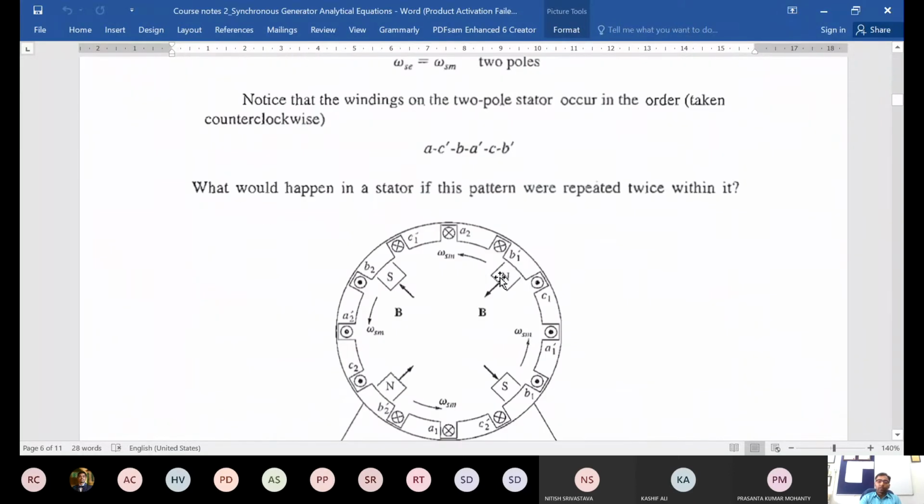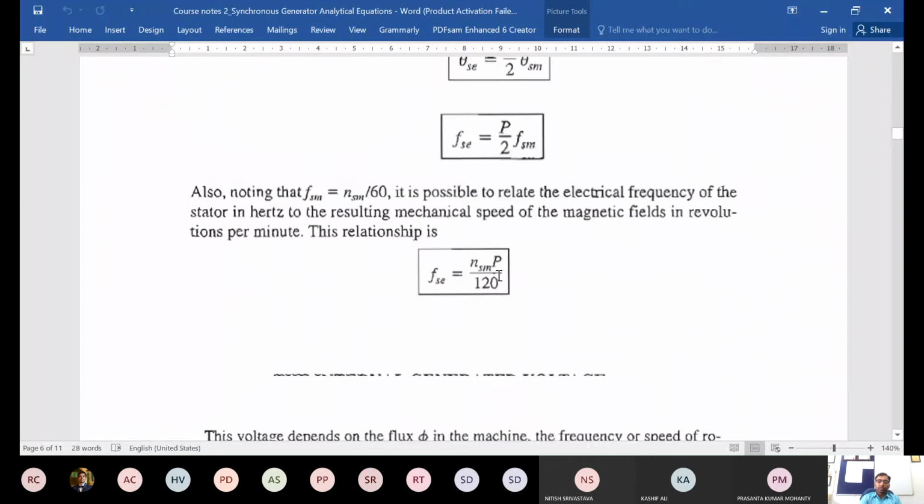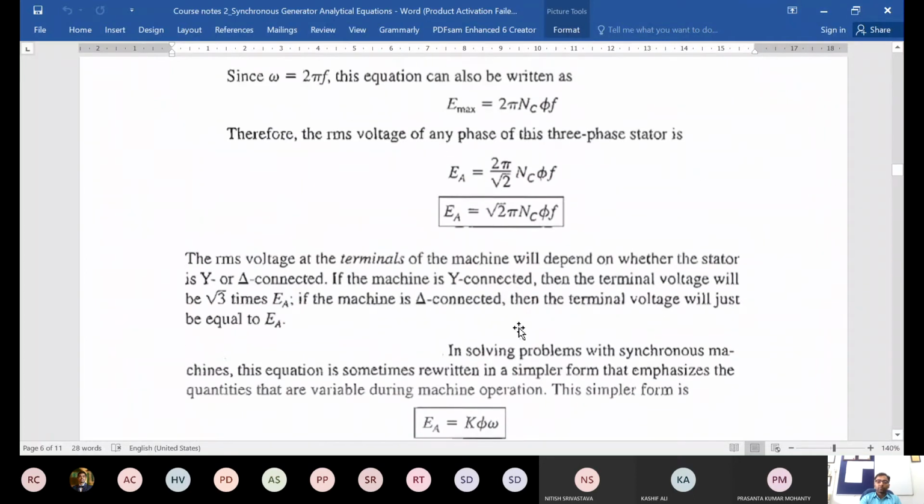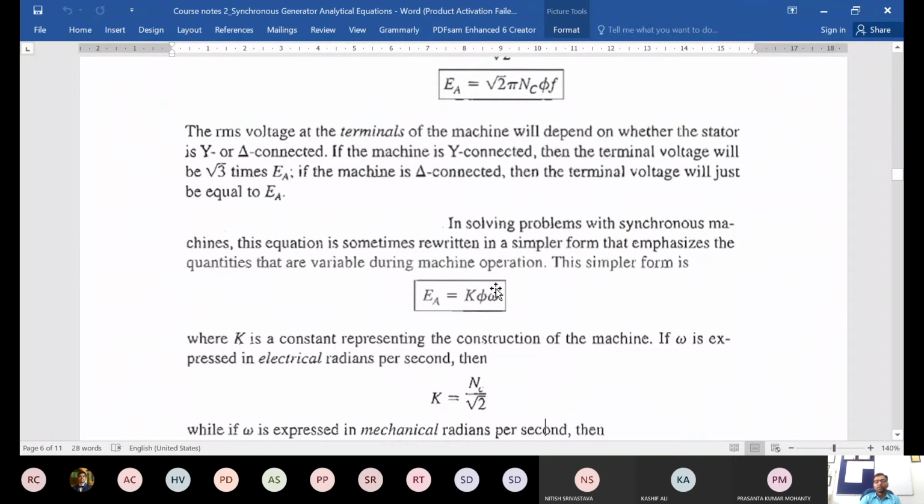Now one more thing is that along with the frequency change, something else will happen. Your generated EMF. Let's look at this for ease of understanding. Because you reduced your omega, your generated EMF has reduced. So one option might be that if I want to maintain my generated EMF at the same rated level, then I'll have to increase the phi, because omega has gone down.